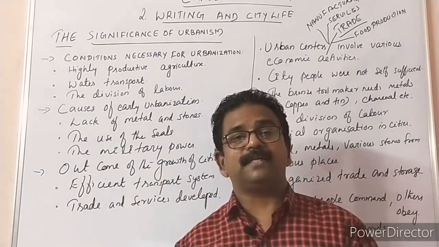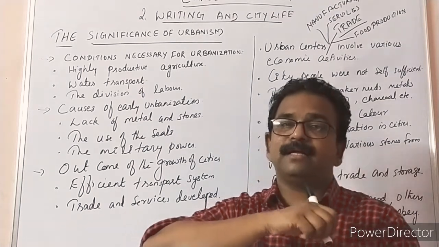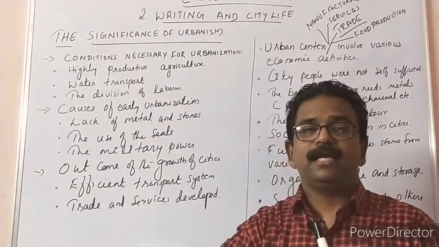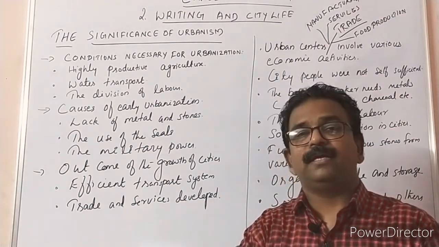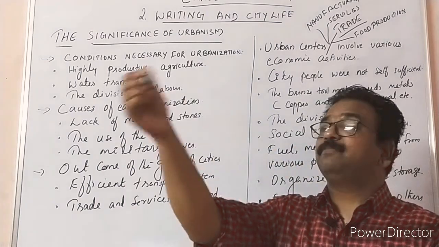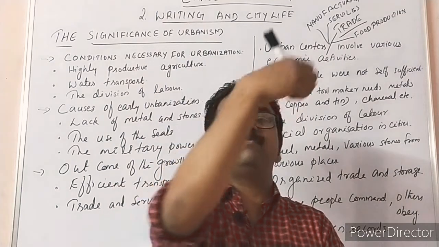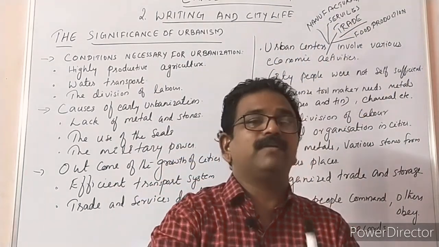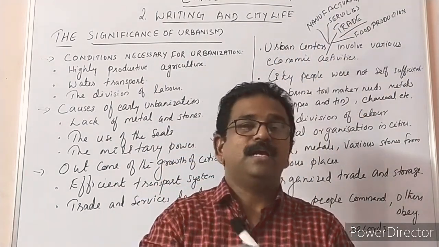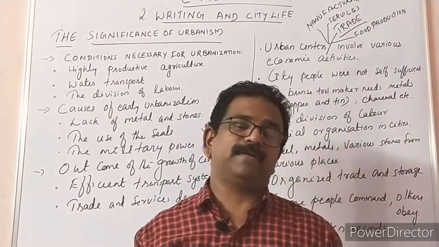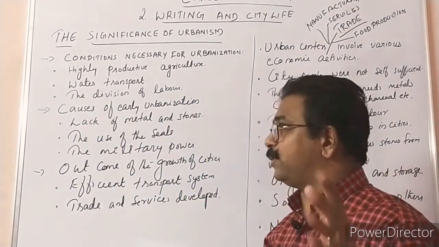One person is engaged in making the stone seal. He will make the stone seal only. So for that, another person will bring metal, another person will bring charcoal, another person will bring some other thing, whatever he wants for manufacturing. So different people means the division of labor. That also is an important factor.